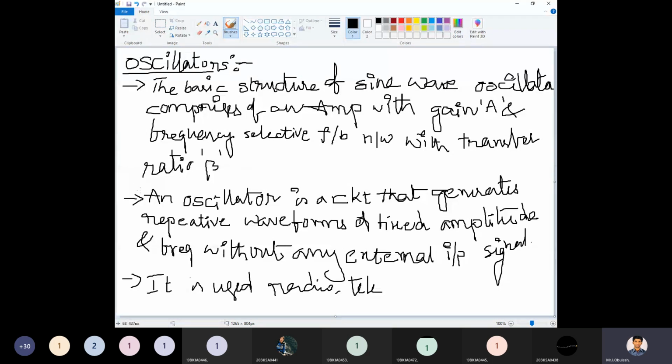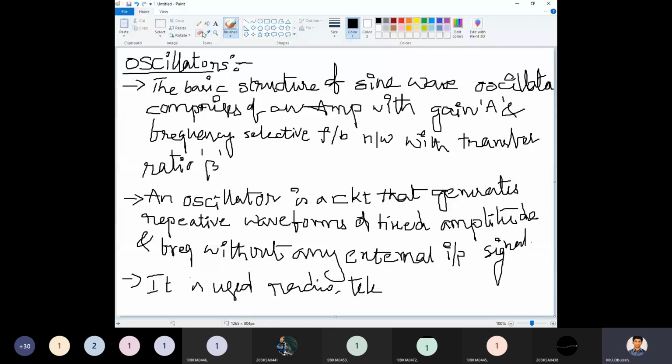So you need to keep one important point in mind: an oscillator is a circuit that generates repeated waveforms of fixed amplitude and frequency without any external input signal, and it is used in radio, television, computers and communication systems.